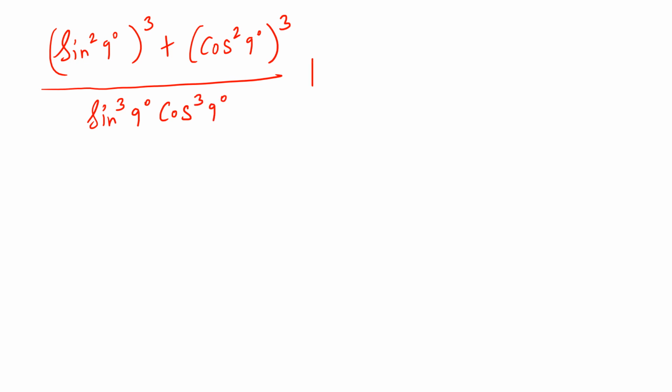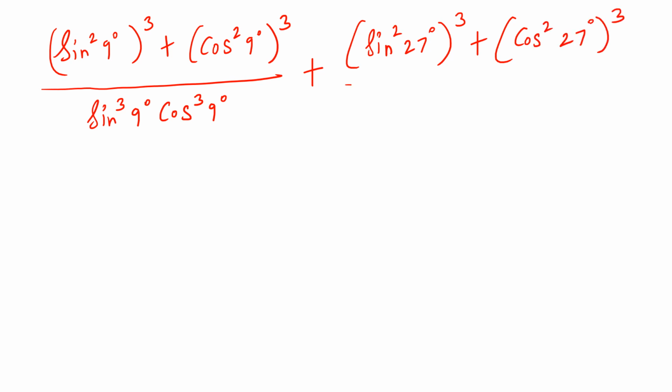And similarly, I can write the second expression as sin square 27 degree whole cube plus cos square 27 degree whole cube divided upon sin cube 27 degree into cos cube 27 degree.